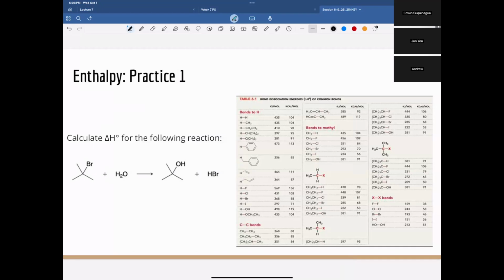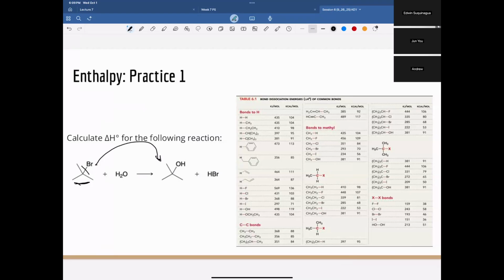So when we do these type of problems, how we calculate delta H at constant pressure is we look at the amount of energy of bonds broken and then subtract the energy of the bonds formed. So to do that, we just look at this reaction. We see that here, this molecule is converted into this molecule, right? And to do so, we need to break this bromine bond with the carbon.